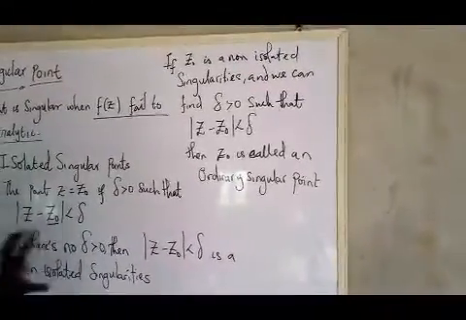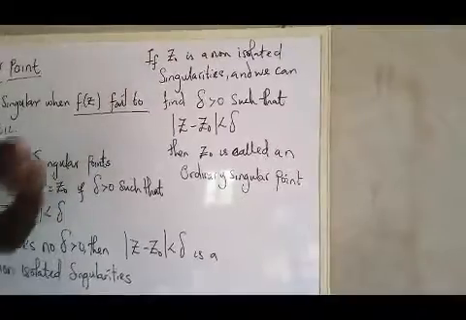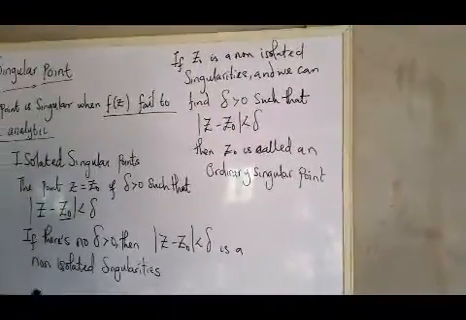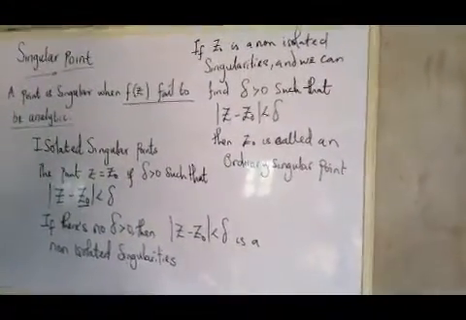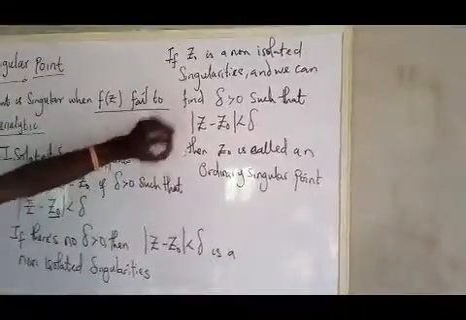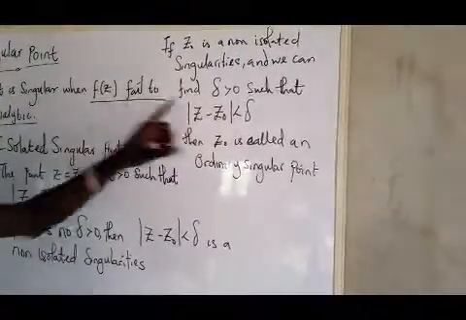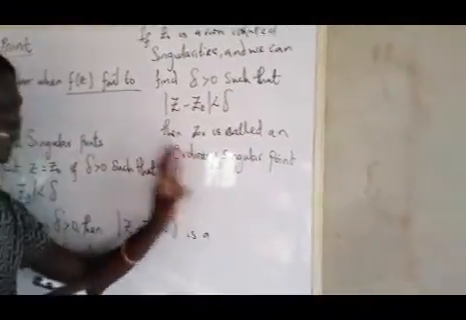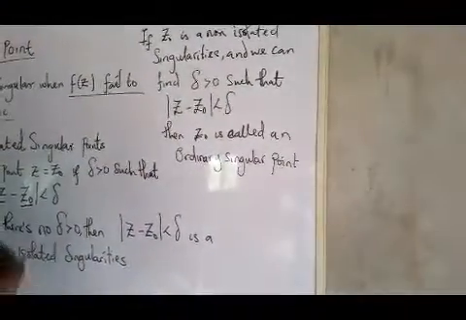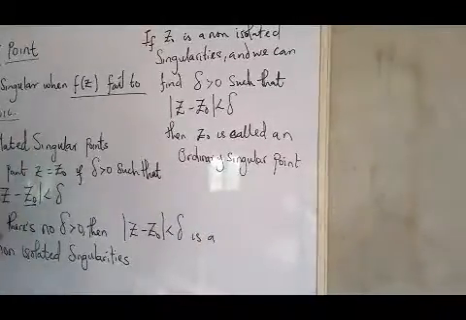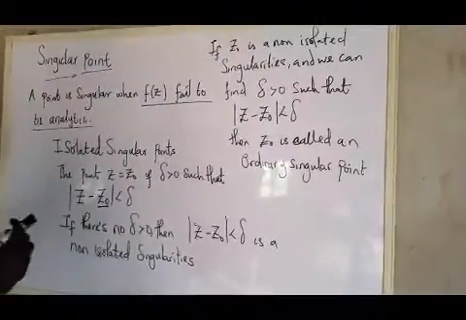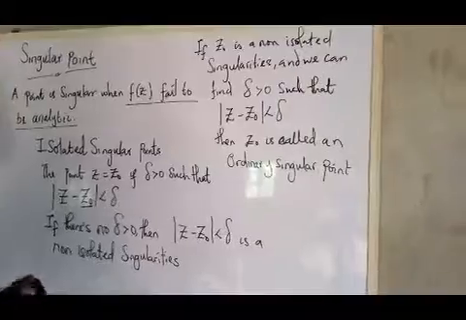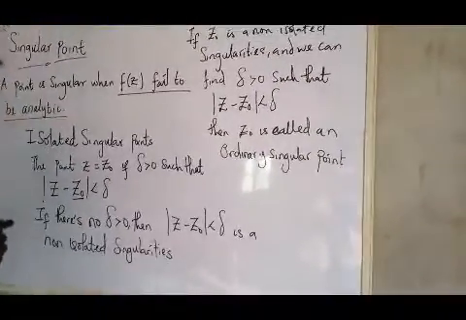But now if this is a non-isolated singularity and we can now find delta greater than 0 such that the absolute value of z minus z naught is less than delta, then you call the point an ordinary singular point. So do we get that now? That is the first type of singular point, the isolated singular point.